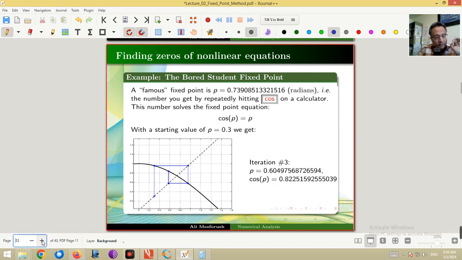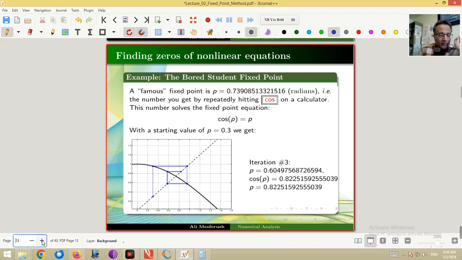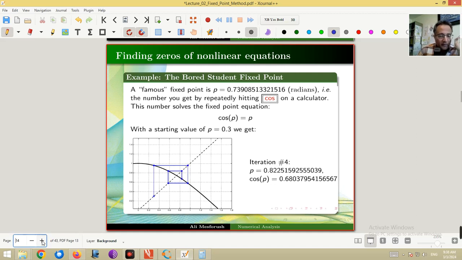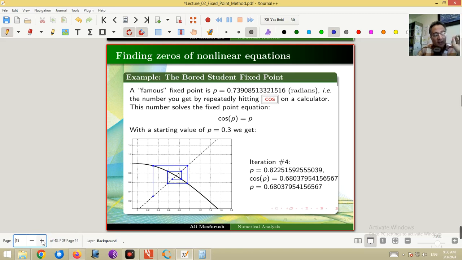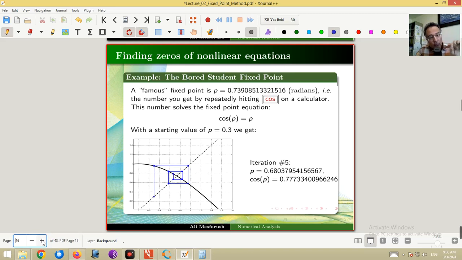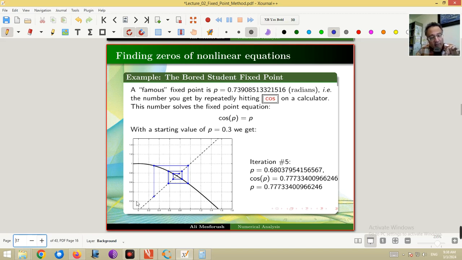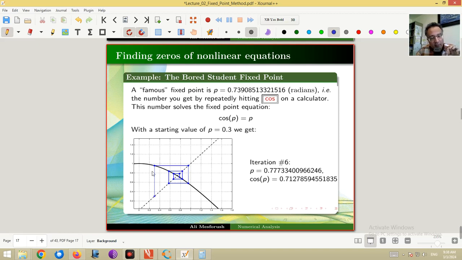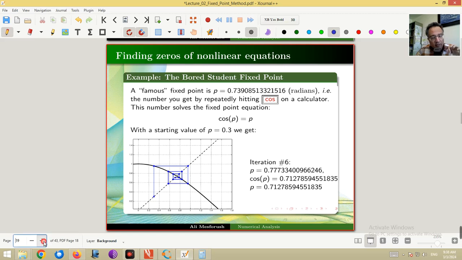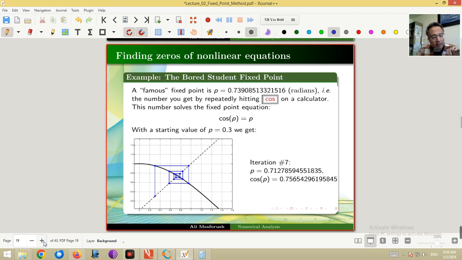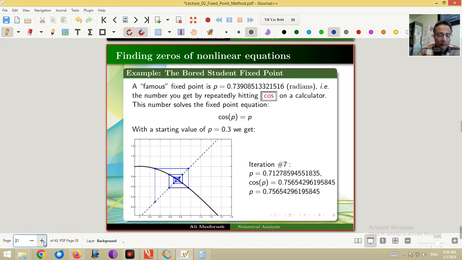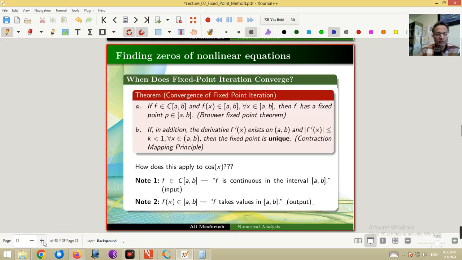Again, look, you can see that it starts to move and will go close to the intersection of the line y equal to x and the graph of cosine of x. Okay, this is exactly the meaning of the fixed point iteration. But now let me finish this show.